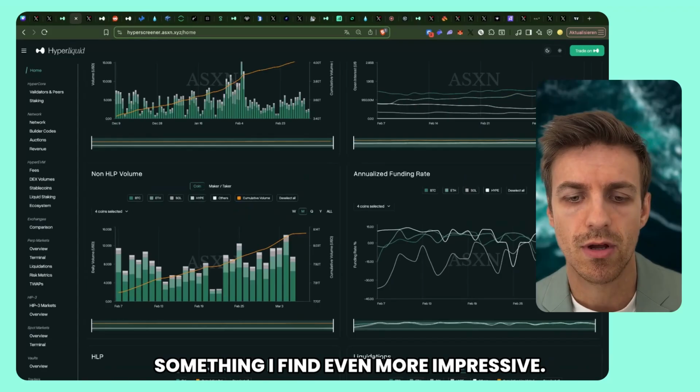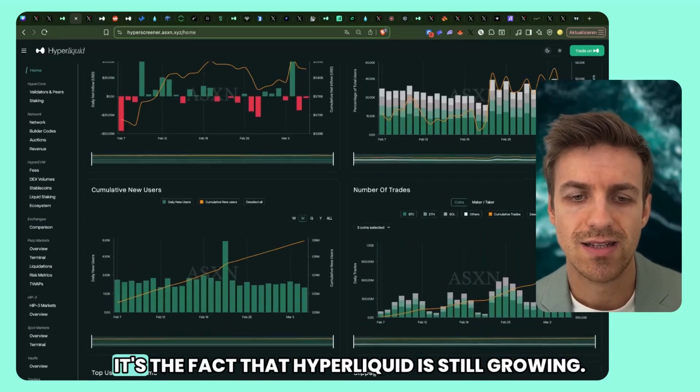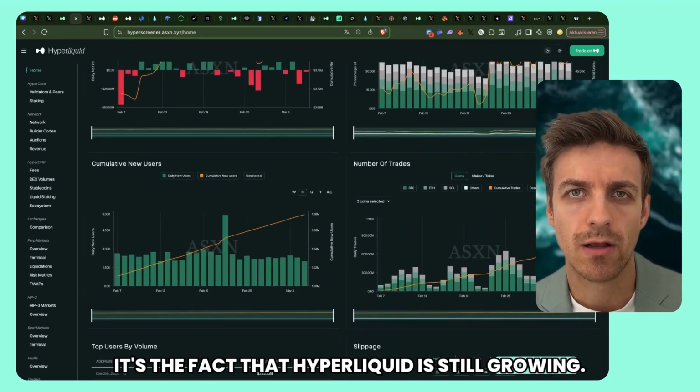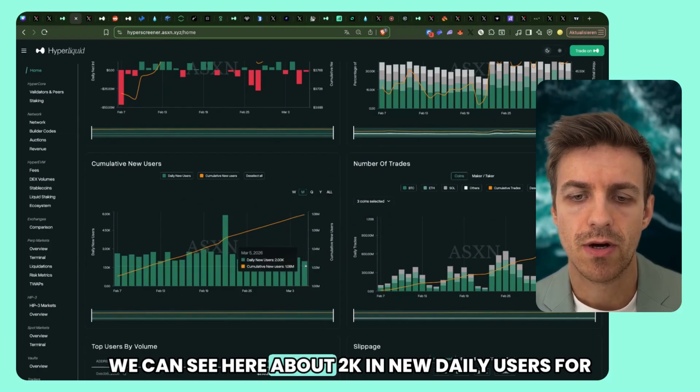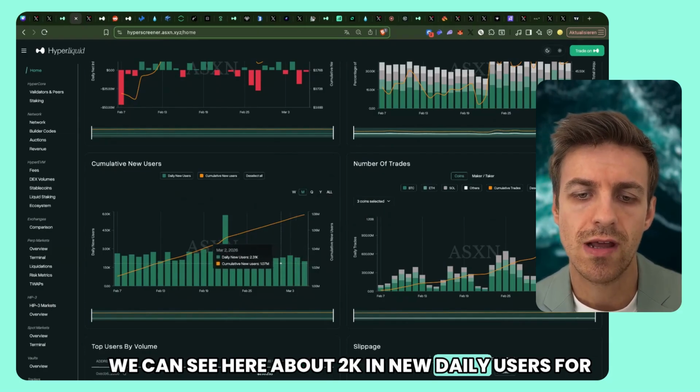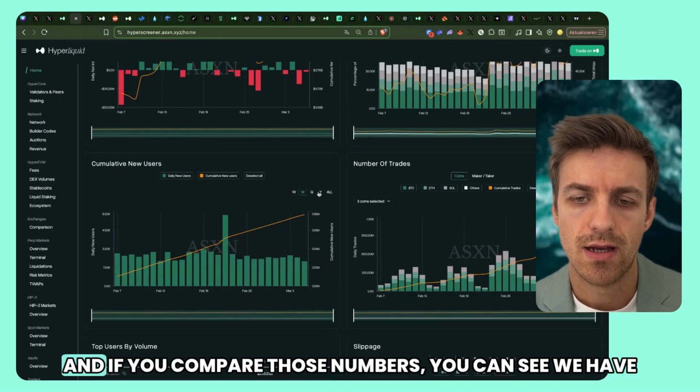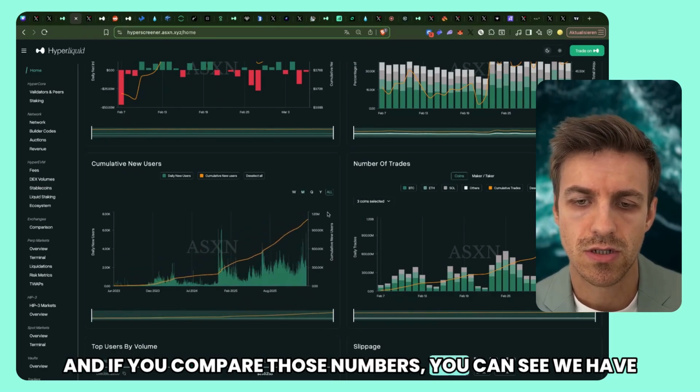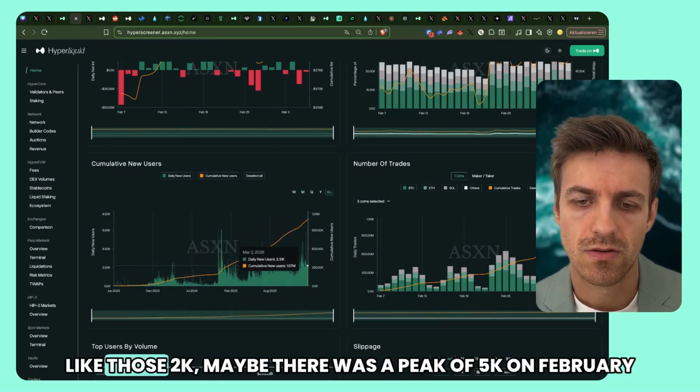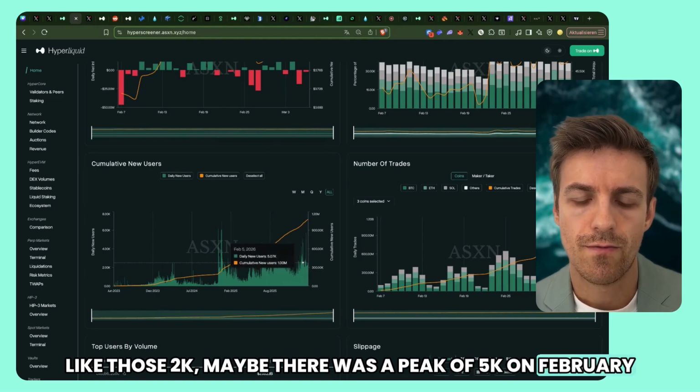But here's something I find even more impressive. It's the fact that Hyperliquid is still growing. We can see here about 2K in new daily users for Hyperliquid. And if you compare those numbers, we have those 2K, maybe there was a peak of 5K on February 5th.